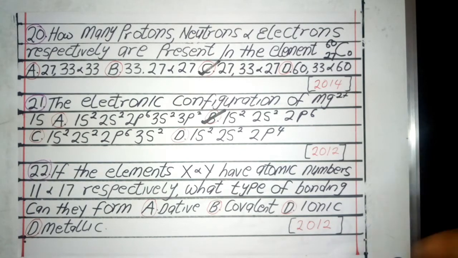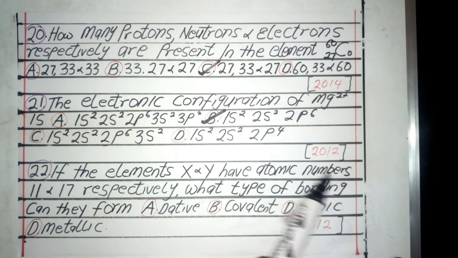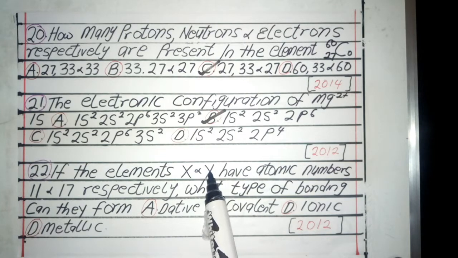Then the next question. If the elements X and Y have atomic numbers 11 and 17 respectively, what type of bonding can they form? Dative, covalent, ionic, or metallic. First of all, atomic number 11 is sodium, and 17 is chlorine.